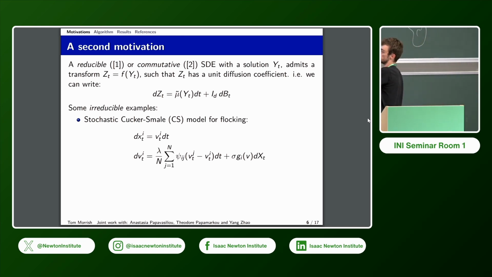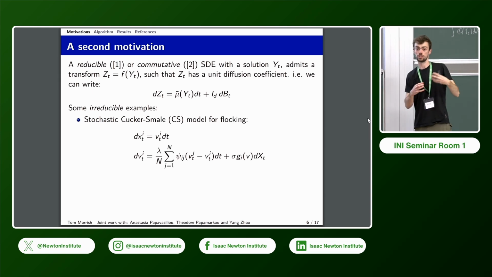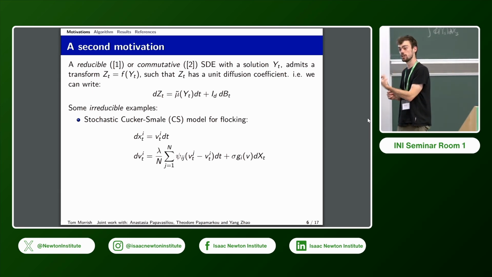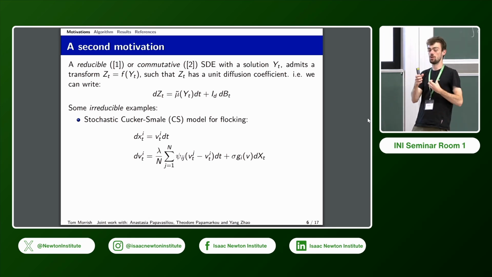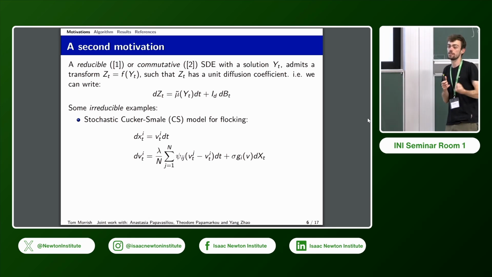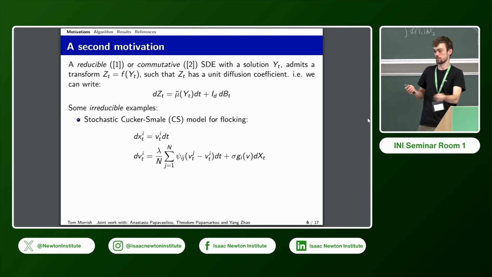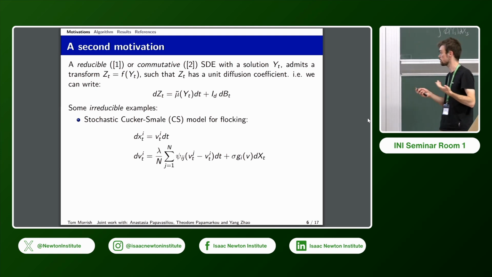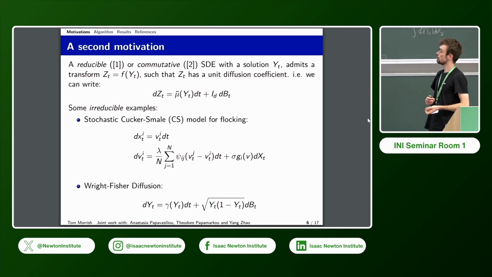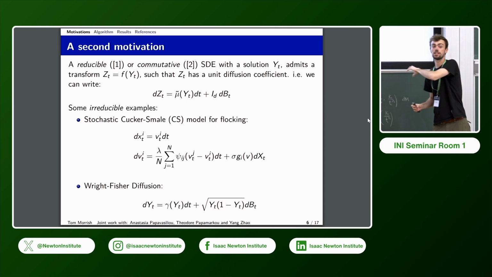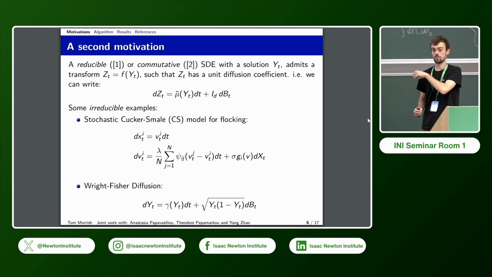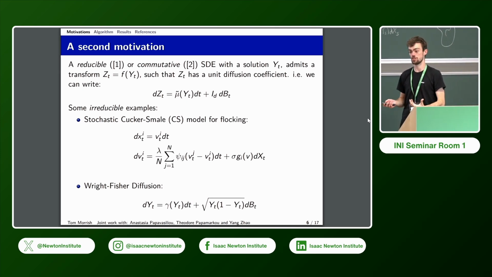If this is animal i that's moving around with velocity t, the velocity of that bird, say in a flock, will also depend on other animals in the flock in a way that doesn't just affect the drift. That's a classic example of something that's irreducible, i.e. that in Ito calculus there is no transform that you can write that would render this into a unit coefficient in the diffusion.